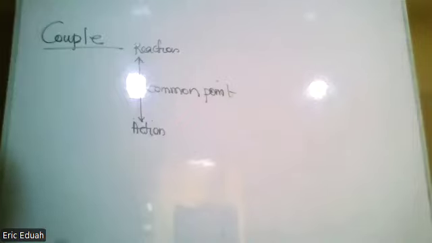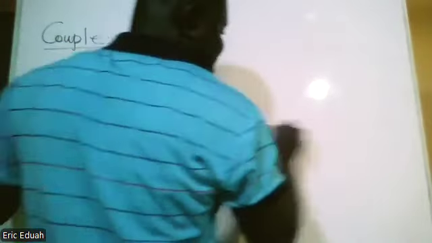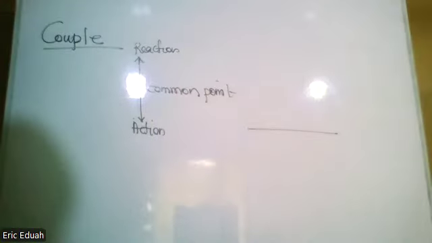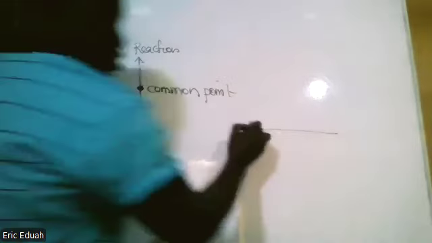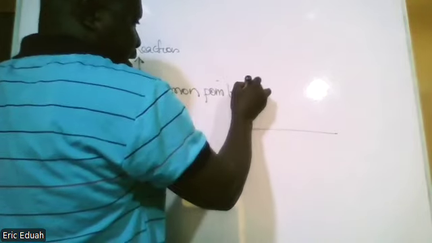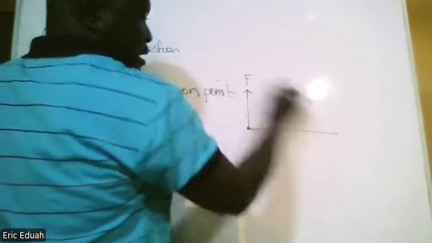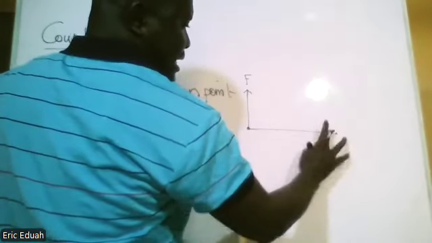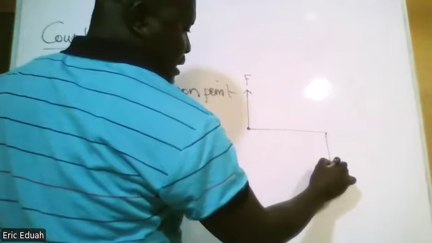But if we talk about two forces acting at a common line but at different points, this is the common line. One may act here, another may act at the other end of the line.